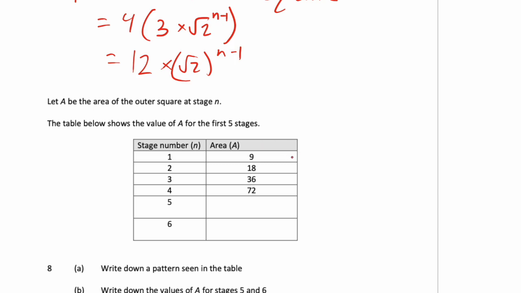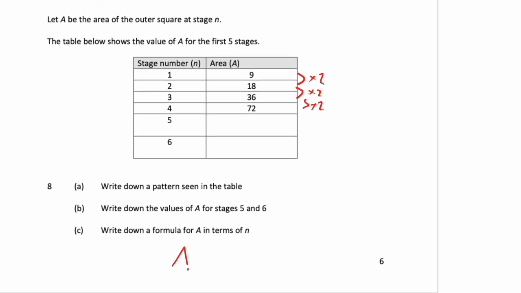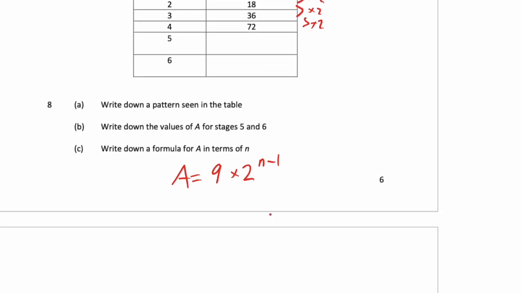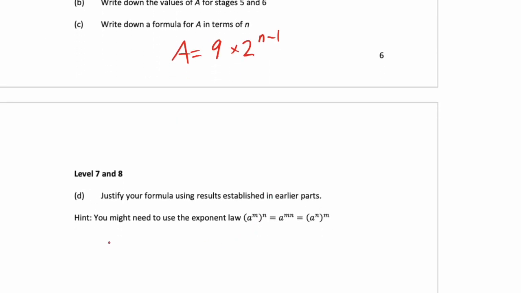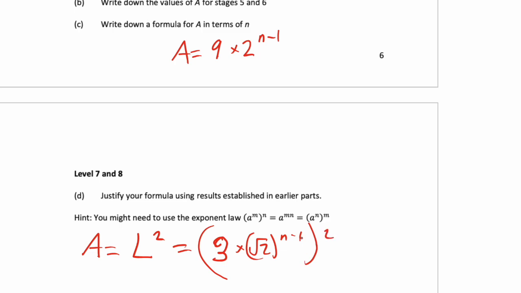Alright. Now the area looks like there's no surds at all. This is doubling each time. Okay, so your rule is going to be A equals the initial value times 2. We're starting with n equals 1, so you're going to have an n minus 1. And when you go to justify, you can say the area equals the length squared, which is 3 times root 2 to the power of n minus 1, squared.